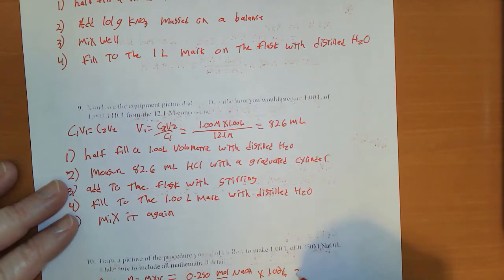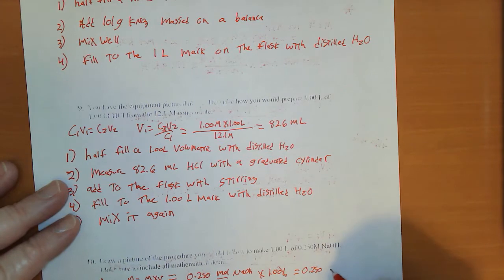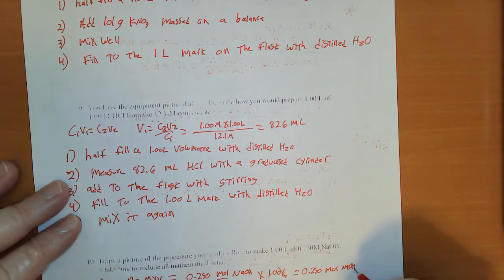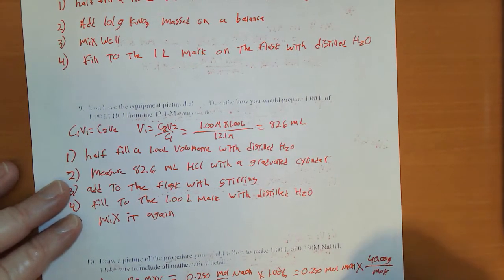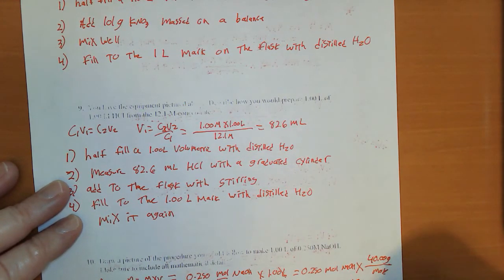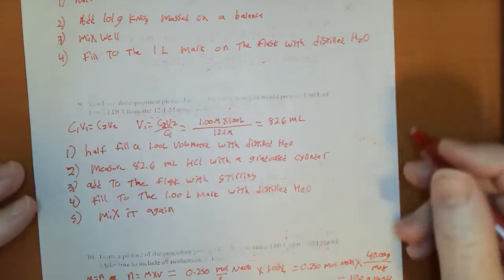The liters cancels. That's 0.250 moles NaOH times, and the molar mass is 40.00 grams per mole. So this equals 10.0 grams NaOH.